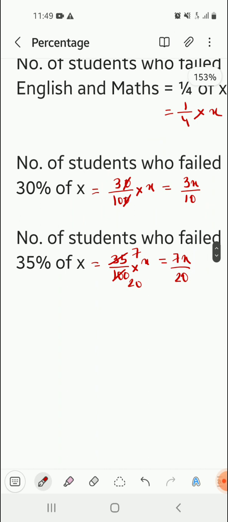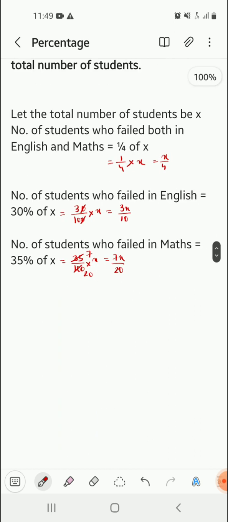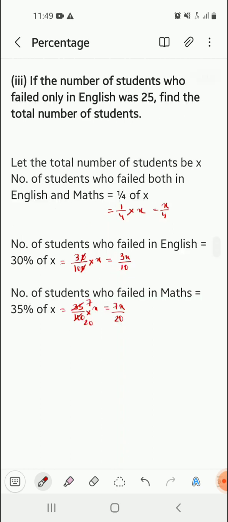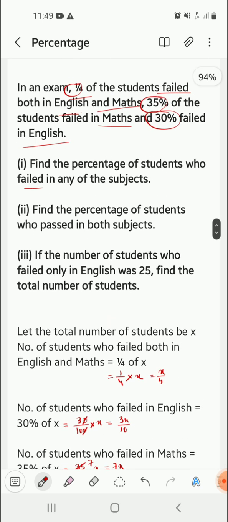Now, we have found out how many students have failed in English and how many students have failed in maths. Now, we have to find the percentage of students who failed in any of the subjects.